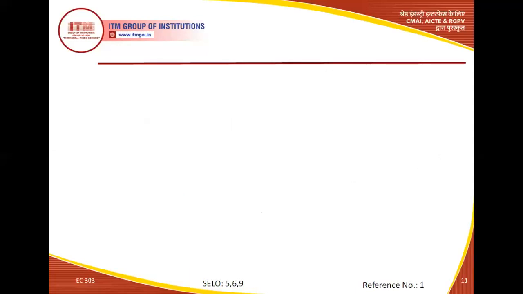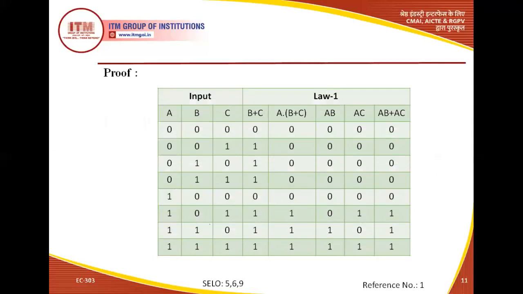Now we see the proof of the distributive law by using the truth table. Again we have the three variables A, B, C. First we generate B plus C, that means B or C, so it will give 0, 1, 1, 1, 0, 1, 1, 1. Now perform the AND operation with A, so it will produce five 0s and three 1s.